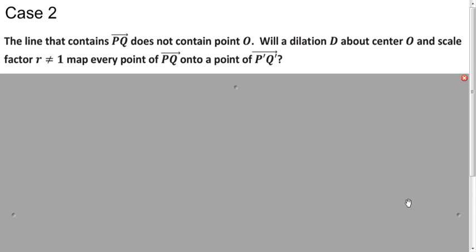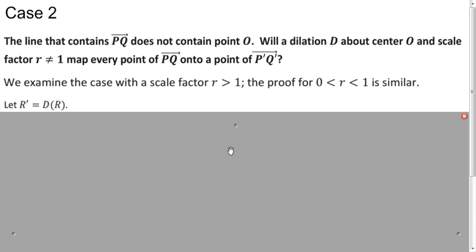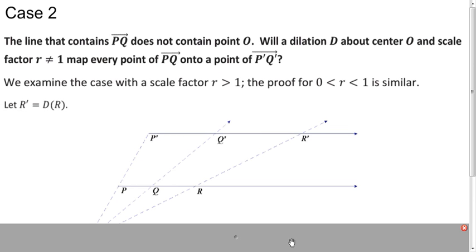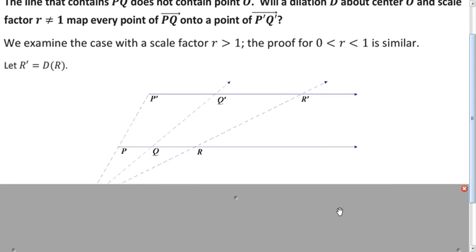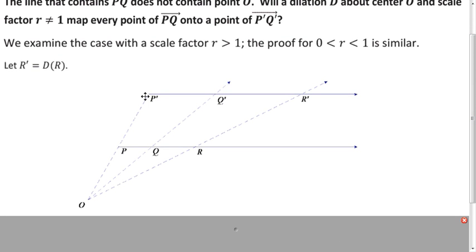Case 2, we want to see what happens when the line that contains ray PQ does not contain point O, the center. What do we get when we dilate and the scale factor is not 1? Well, we have a diagram that looks like this. And we know that PQ is going to map to P prime Q prime. We showed that before because that's a segment. But what about all the points that aren't on that segment?